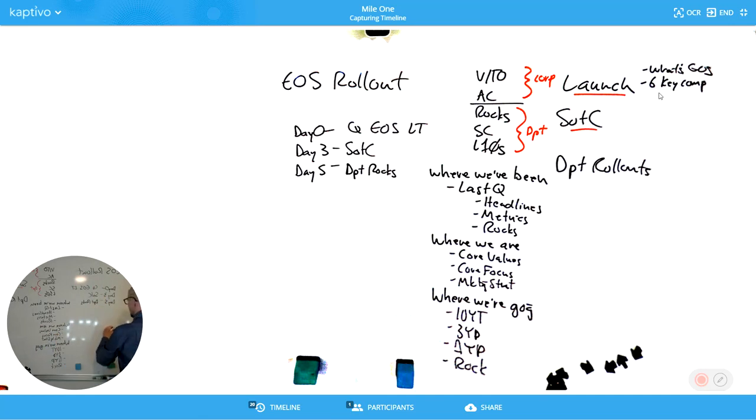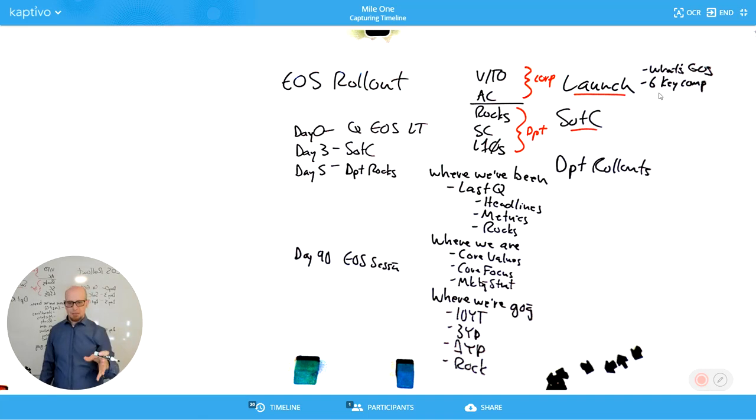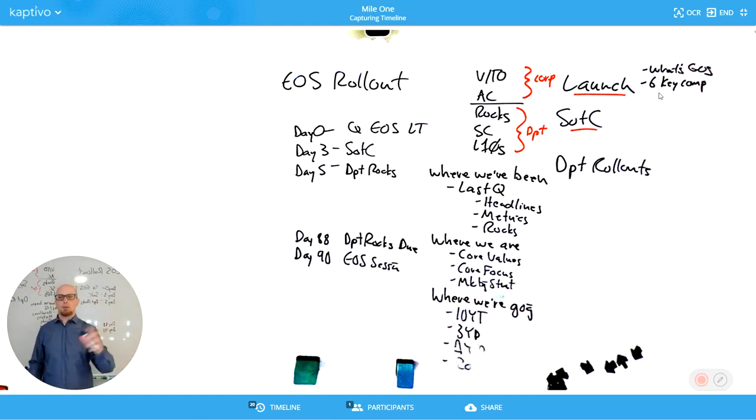And then on day 90, we're having our next EOS session. Your rocks are always due at the EOS session. Your department rocks will be due at your last level 10 meeting before that session, so like on day 88, so that when you come to the quarterly, I can say, all right, operations team, what was your department's rock completion rate?